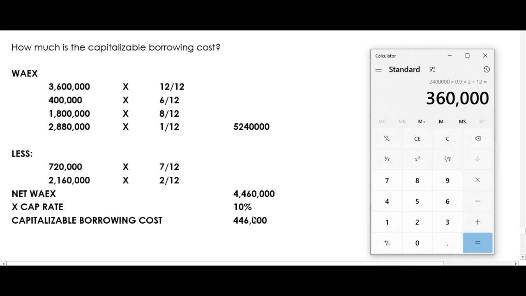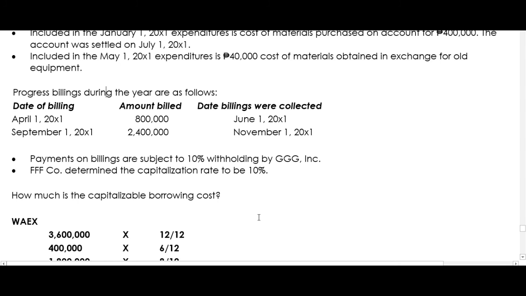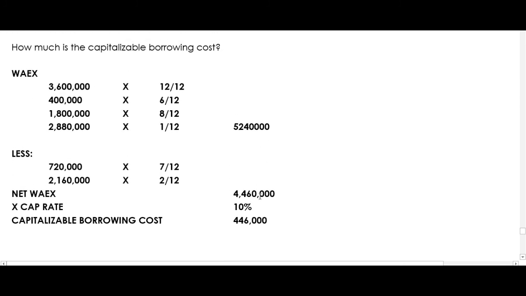Multiply mo ng capitalization rate na 10%, ang lalabas ay 446,000 na capitalizable borrowing cost. Okay, so yun yung answer natin dito. So the capitalizable borrowing cost will only be 446,000. Okay, so yan yung item natin dyan. Ayos. Next.